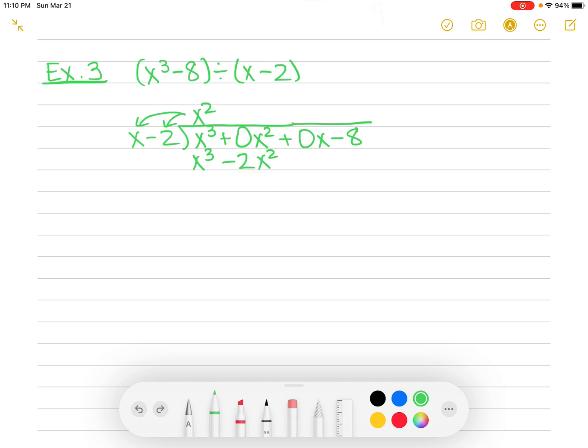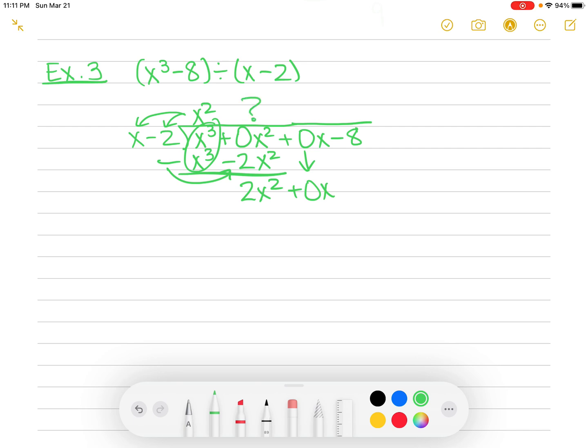If I didn't have that, I wouldn't be able to subtract the negative 2x from the 8. Some people just leave a bunch of blanks and put that minus 8 way at the end. Then I'm going to subtract, so these get 0, and this is going to be a positive 2x squared, because minus a negative is a positive. And then I'm going to bring down the 0x.